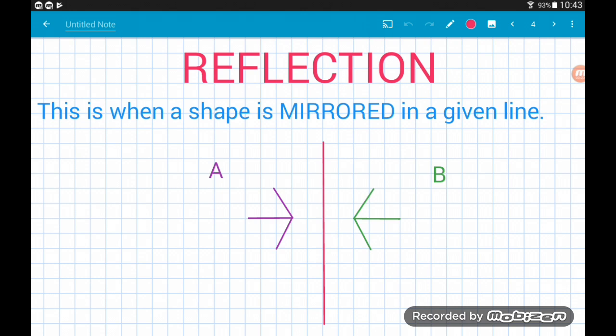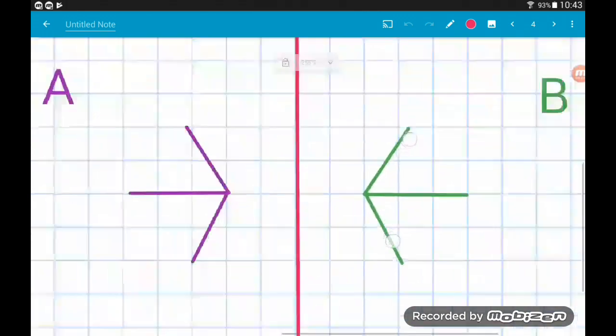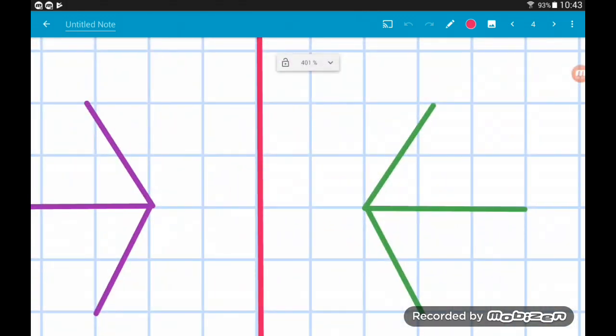If we take a look here at how A has reflected to B, again, if we pick a point on shape A, this point here, we count how many places that is away from the mirror line. Here it's 2 squares. So to reflect that point in the mirror line, we go 2 squares to the right of it. So the arrow tip reflects to that point there.